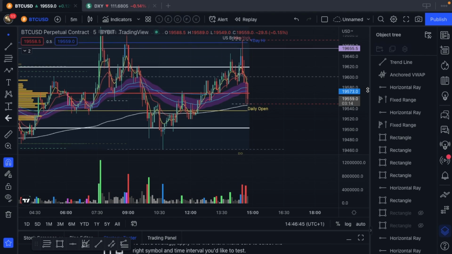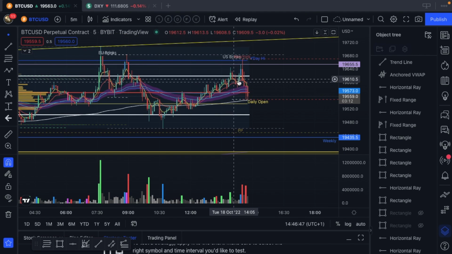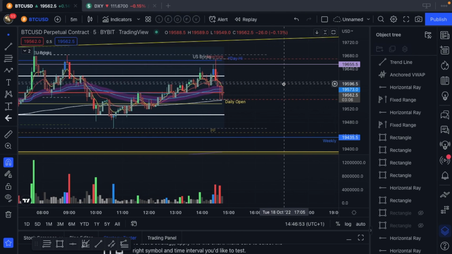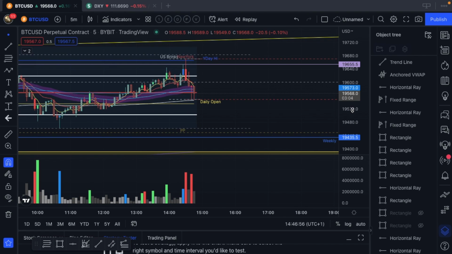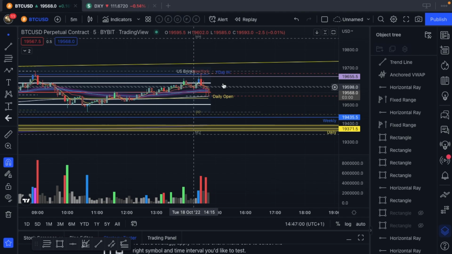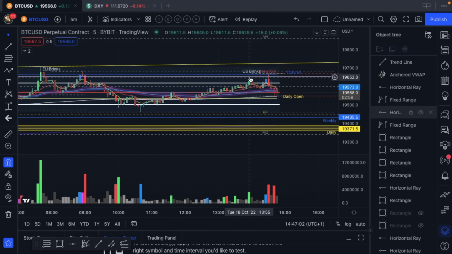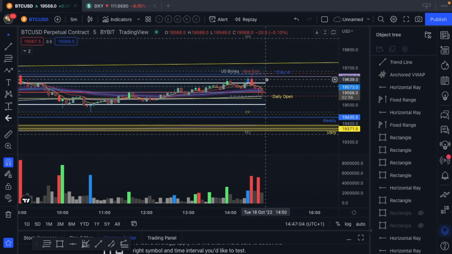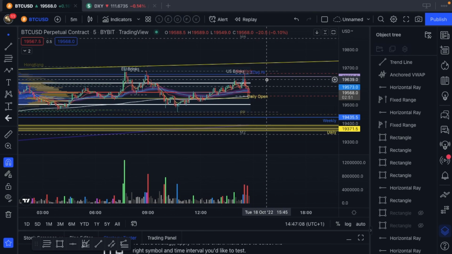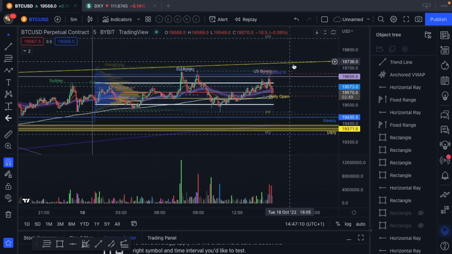So we came up, tried to claim M3, we lost it. So let's see if we go all the way to M1, or let's see if this is just a classic New York fake out, shake out, and will it rip to the upside? I can't see that happening, but you never know, it might do it. You never know with these New Yorkers.